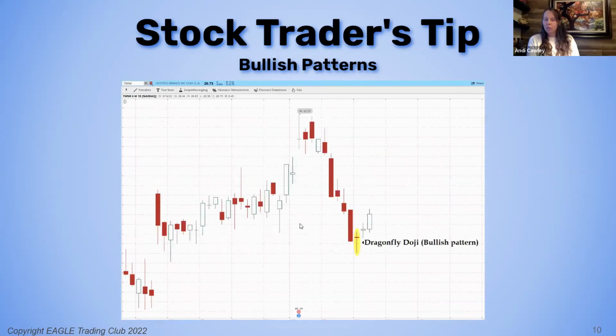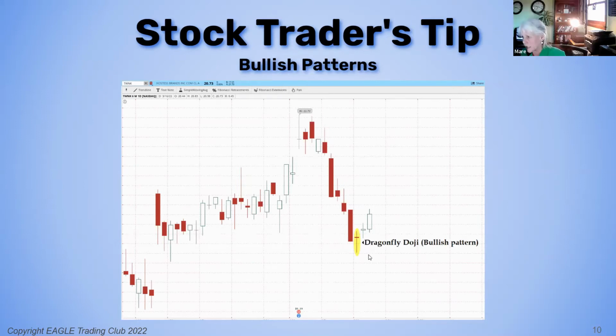Dojis, when they open and close at approximately the same price, are considered indecision candlesticks, where you have the seller and the buyer at kind of an impasse. The open and close are the same right here.